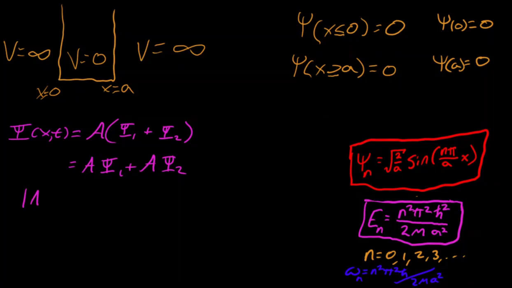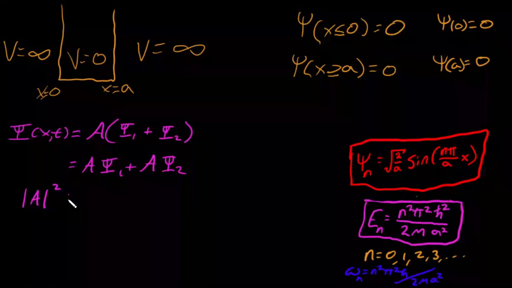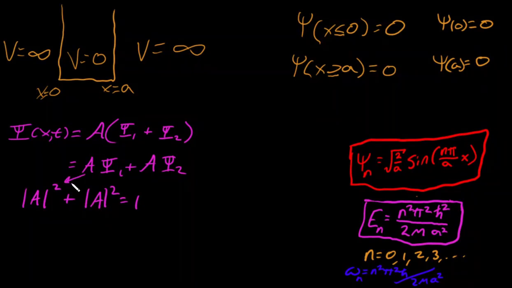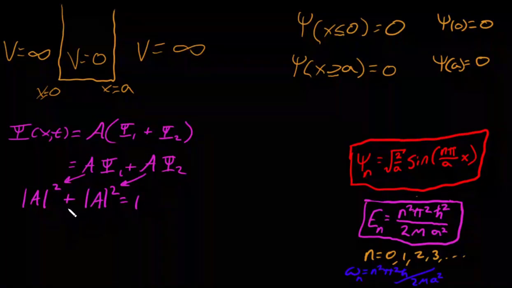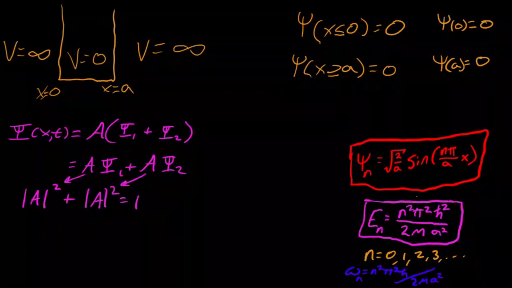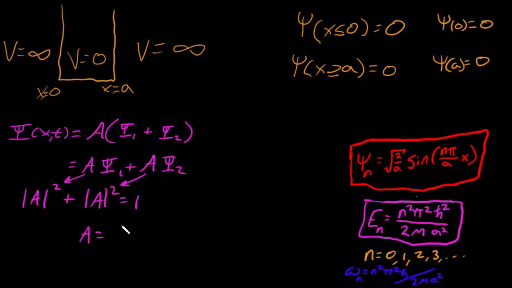So a norm squared plus a norm squared has to equal 1. This plus that, those are the probabilities. And remember, this is the probability of having energy 1, and the probability of having energy 2. And of course, this is 2a squared. So if you do that, a is 1 over root 2, which makes sense, because if you take the square of that, it's 1/2.